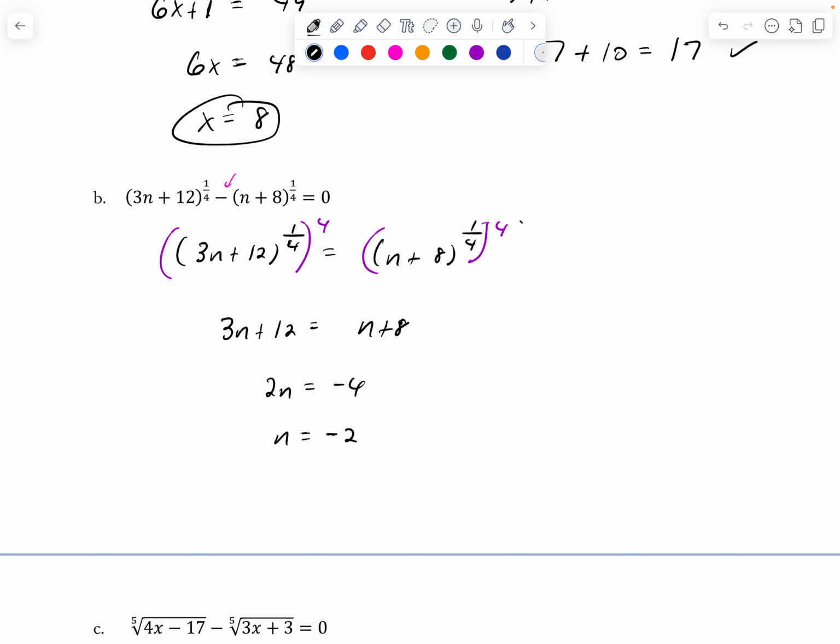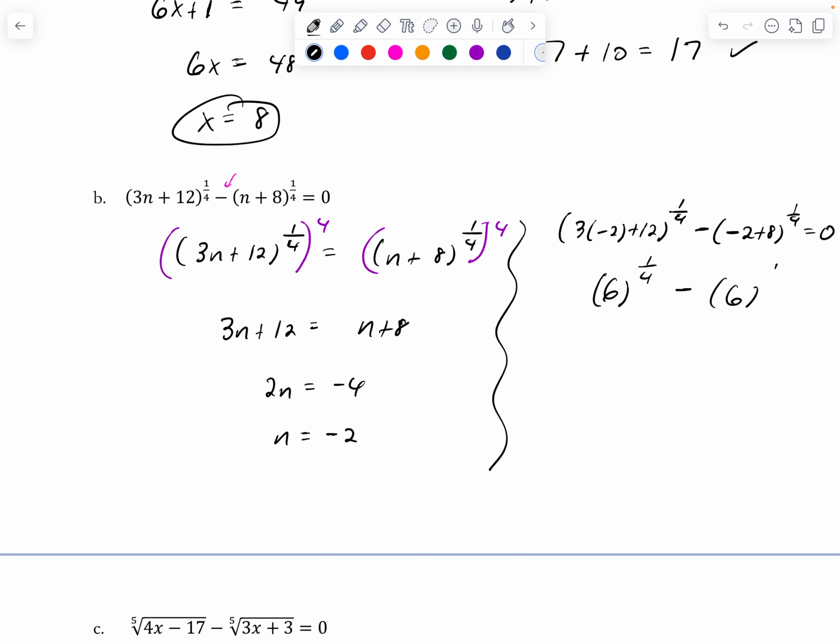Let's check it. So I have (3 times -2 plus 12) to the 1/4 power minus (-2 plus 8) to the 1/4 power equals 0. That's -6 plus 12, which is 6 to the 1/4 power minus 6 to the 1/4 power.